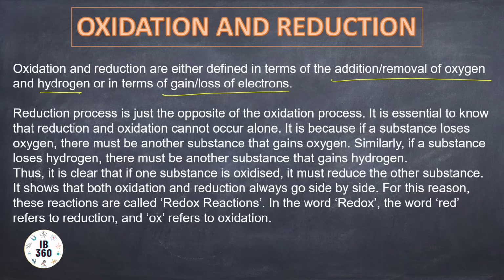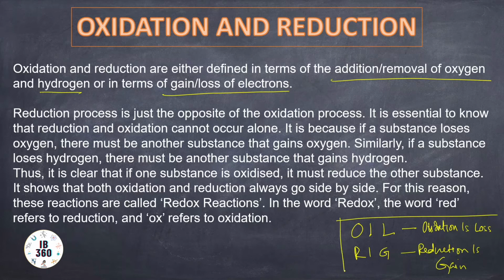For electrons, you can remember it by OIL RIG, where oxidation is loss of electrons, and reduction is gain of electrons. So by this you can remember how, in terms of gain or loss of electrons, we can define oxidation and reduction. The reduction process is just the opposite of the oxidation process.